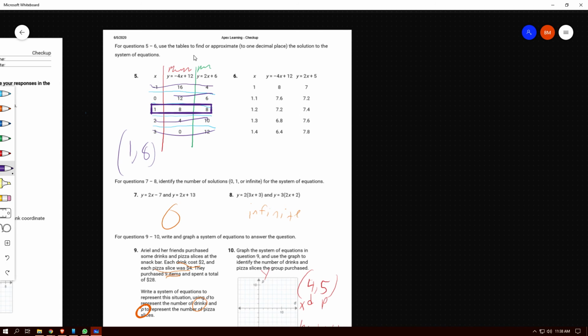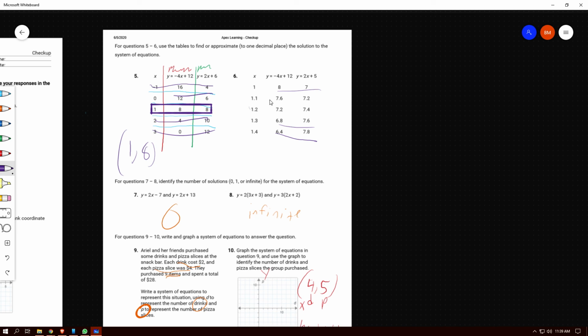So what I'm seeing is that it goes from 1, 1 to 1, 2. This goes from 7, 6 to 7, 2. And this goes from 7, 2 to 7, 4. Right? These are all, the 1, 3 and 1, 4, these numbers are all spread out. 8 and 7 is kind of far away. So it looks like my answer is going to have to be between 1, 1 and 1, 2.